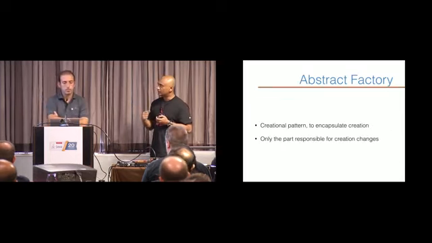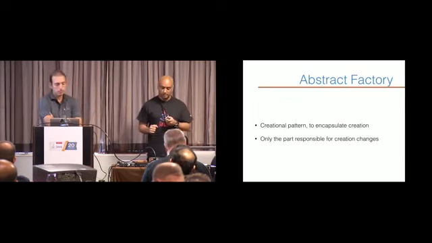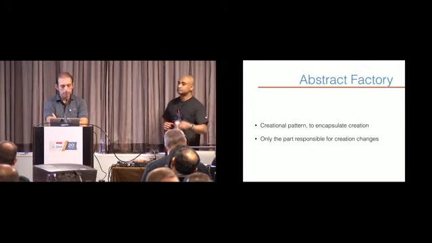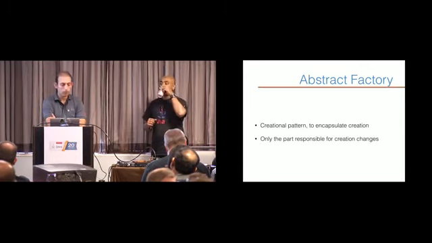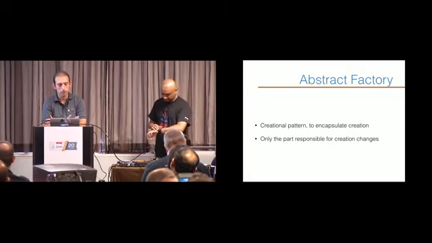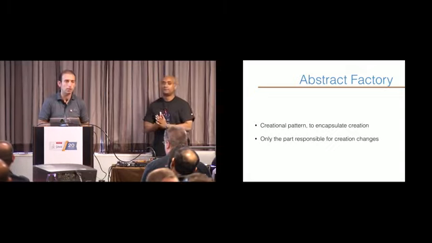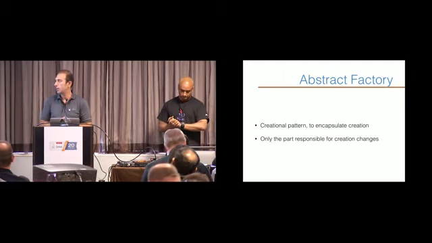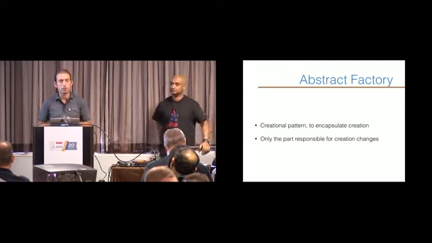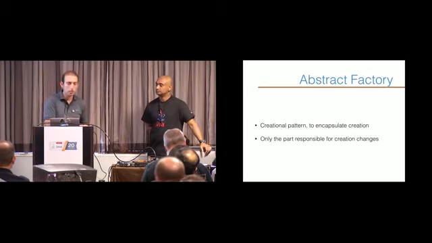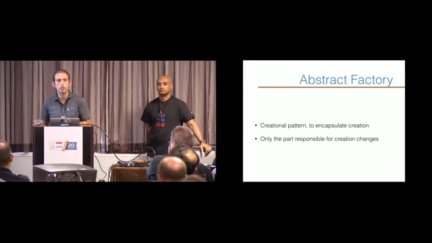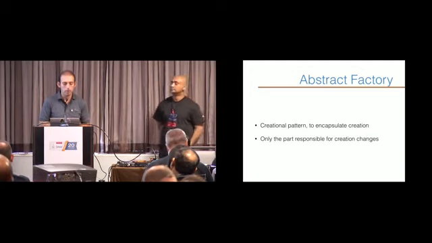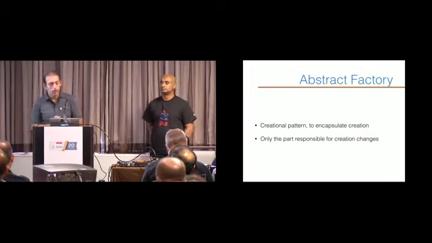Okay, moving on, and Murat takes over for Abstract Factory. So factories. As listed in Gang of 4, they are creational patterns which are used to encapsulate the creation of the objects. So the main motivation is not to create objects with new, instead just ask the factory, and the factory creates the objects for you and gives you the instance you want.